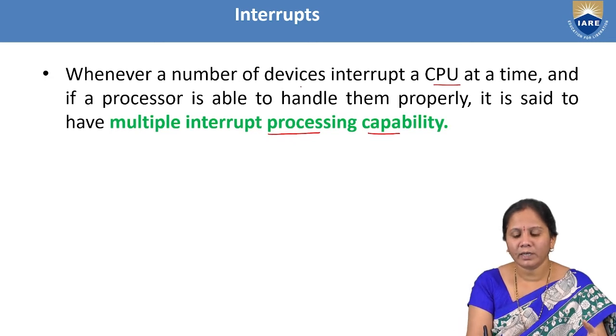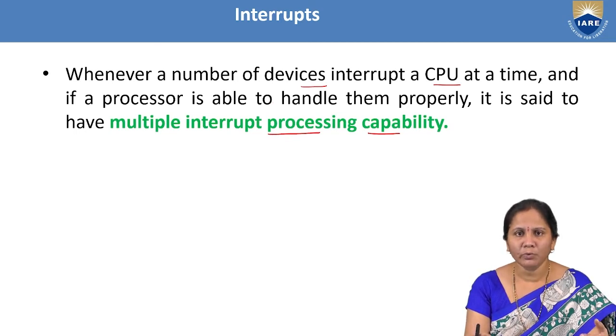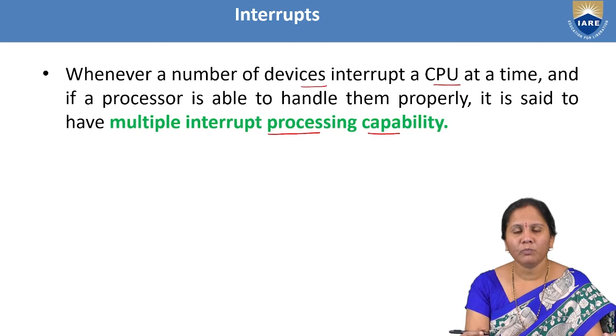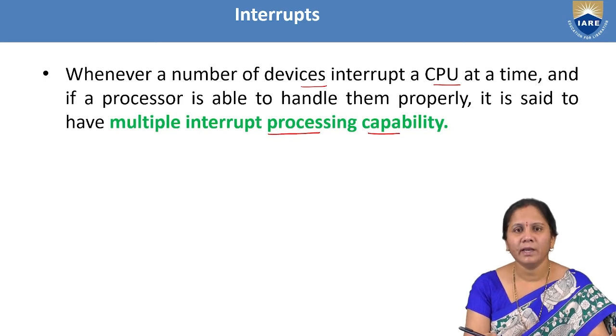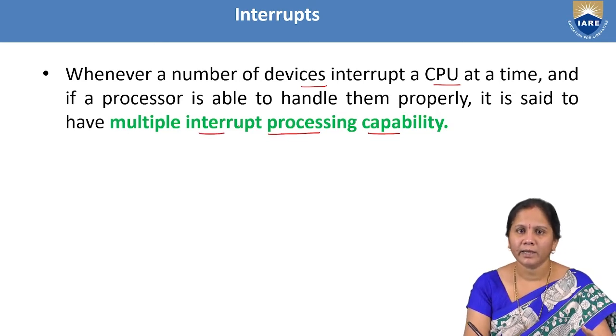If more interrupts come to the microprocessor at the same time, how is the microprocessor going to handle them? If it handles multiple interrupts, then it has multiple interrupt handling capability.